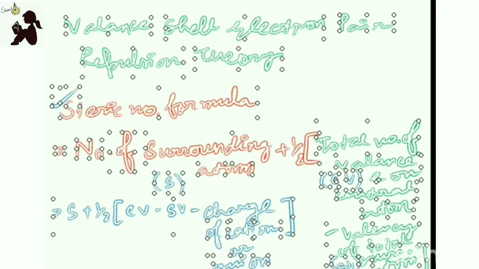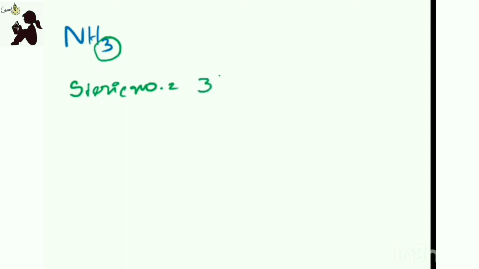Now we are going to learn how to use this formula. First, let's see it for NH3. Just see how I deduce the steric number from it, and you will learn everything in this chapter if you listen carefully. We see how many surrounding atoms there are: N has 3 surrounding atoms. So 3 plus half into the valence electrons on the central atom.